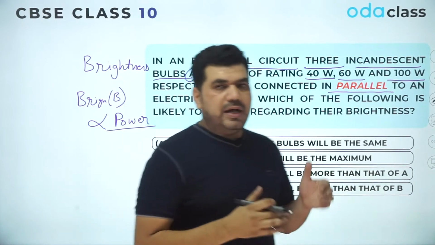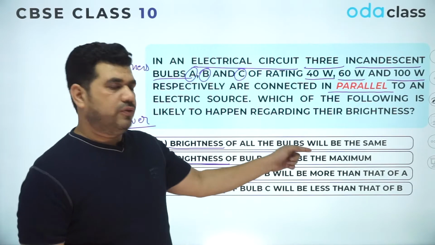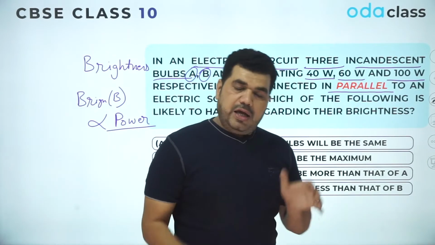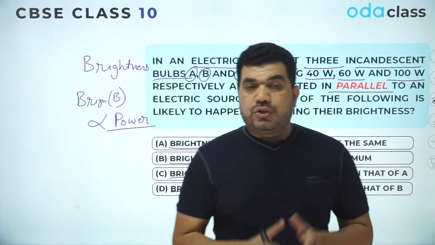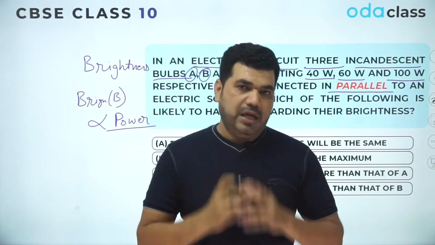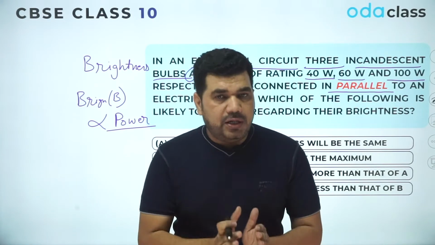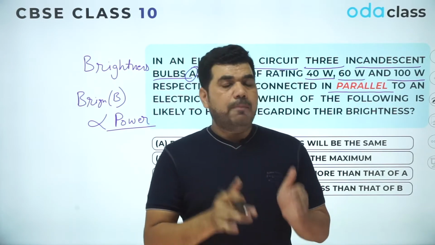Now, as they are connected in parallel, this question is quite easy. All these 3 bulbs have the same voltage, and if they have the same voltage, you can compare their brightness by the power.